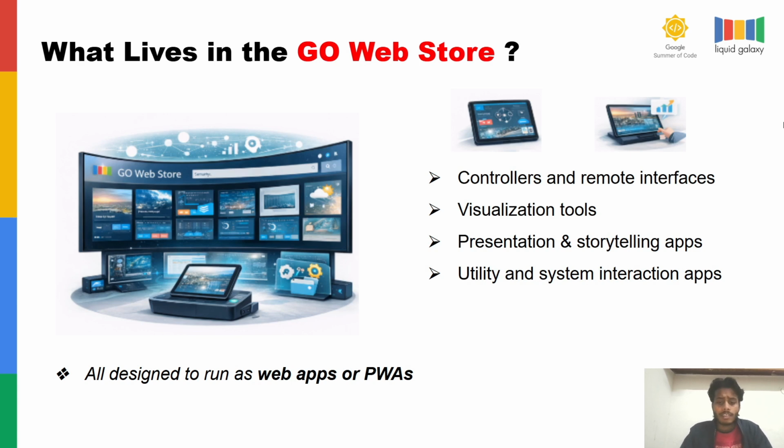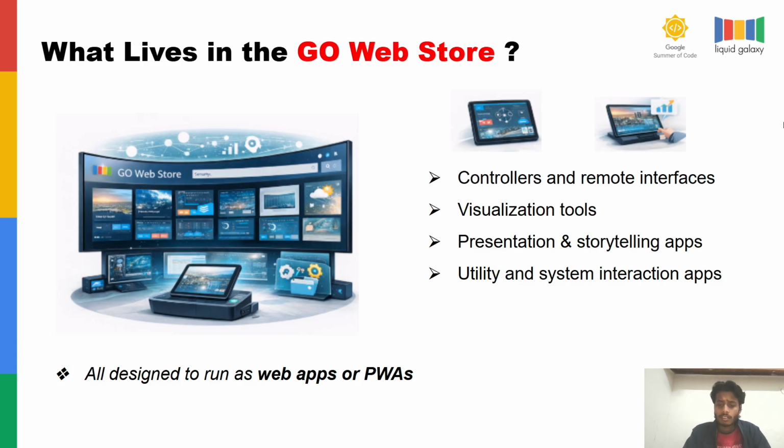Now that we understand what the Go Web Store is, the next natural question is what kind of applications actually live inside it. The Go Web Store is not meant for just any random web apps. It is focused especially on applications that enhance the Liquid Galaxy experience. The first category you will mainly find is controller and remote interface.